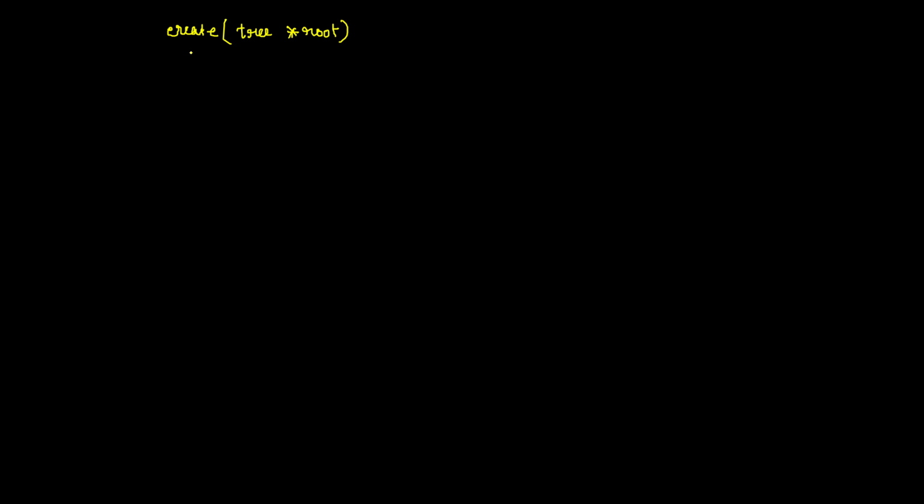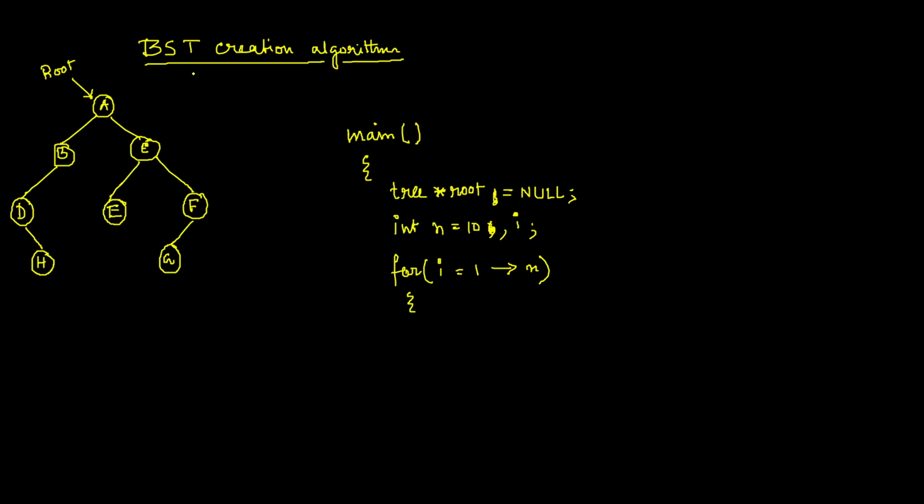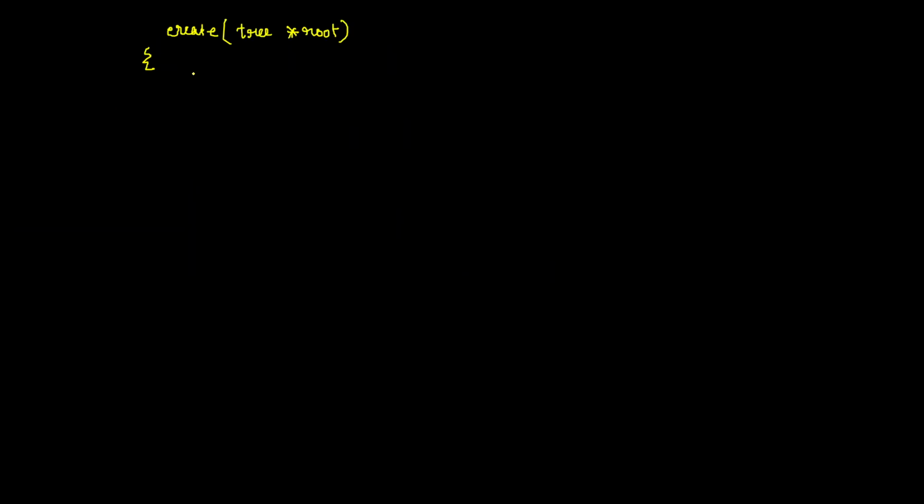Okay, so we are passing this one, fine, and then the first thing that we have to check is what is the status of this root, right? So initially the root is null, so here what we can do is have a check that if root equal to null, then there is only one job, that is to create the tree.